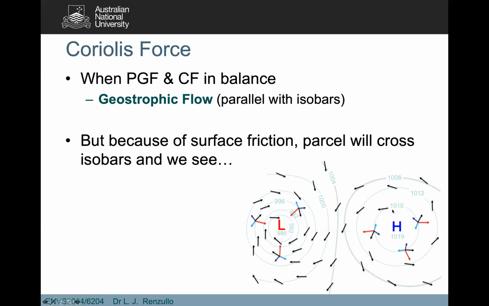So you start to see these sort of flows as a result of that pressure gradient force and Coriolis force trying to equalize, but frictional force comes into play here. You eventually get the equalization of those two forces rather than the geostrophic flow. As I said, you get that counterclockwise flow out of the high, clockwise into the low.